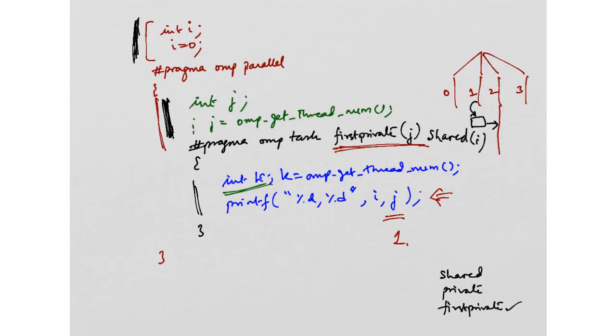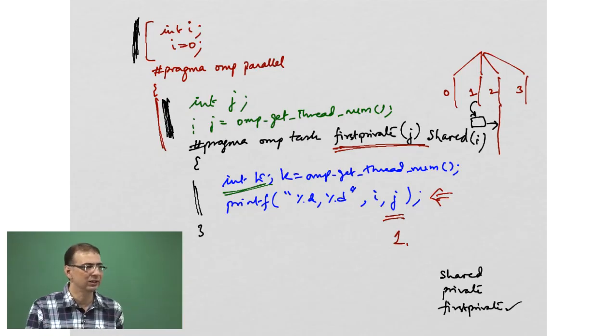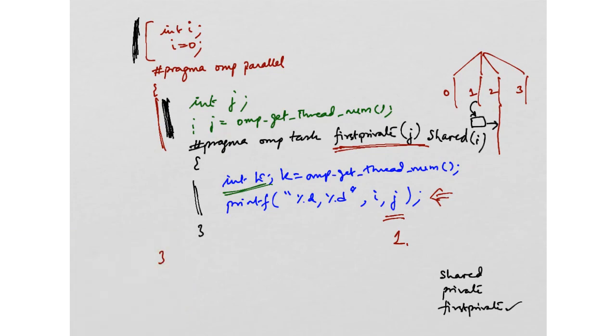And what about k? This is private. This is inside the task. Right, so I'll create memory for it which is just associated with the lifetime of the task, and once the task is over, that memory will be gone. Right, so this is simple. This has nothing to do with the outside world.